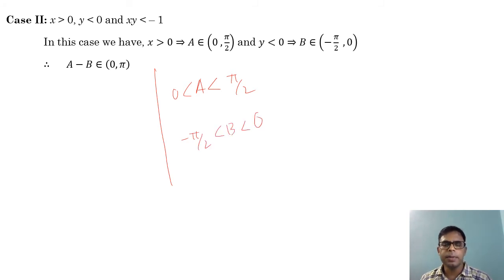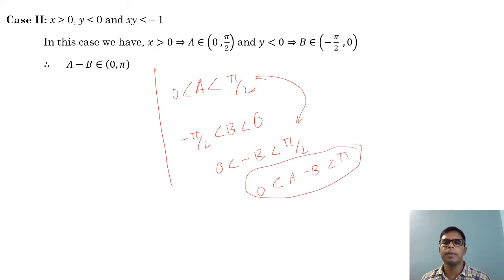But minus b is from where to where? Minus b is from 0 up to pi by 2. Now adding these two, you get 0 plus 0 is 0, a plus minus b is a minus b, and pi by 2 plus pi by 2 is pi only. So that is why a minus b is in this range.